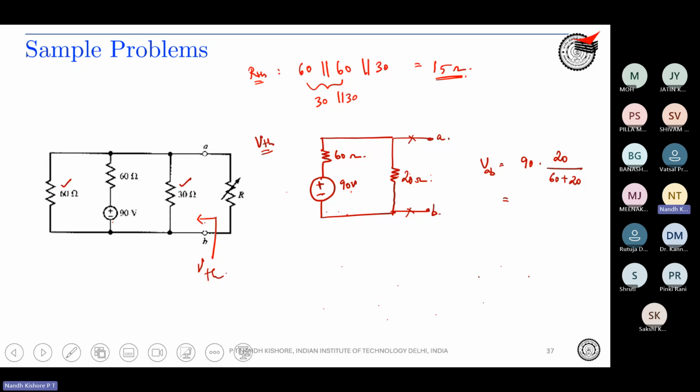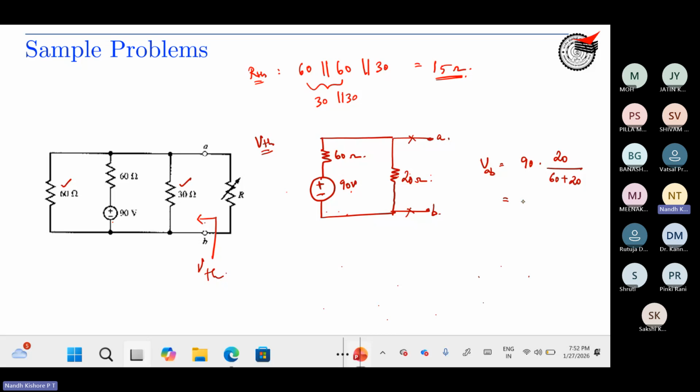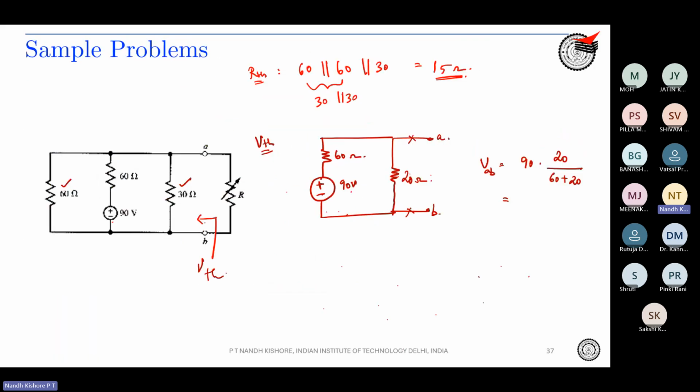How much will you get? You get 22.5 volts, right? This is your V Thevenin. Is this fine with you?